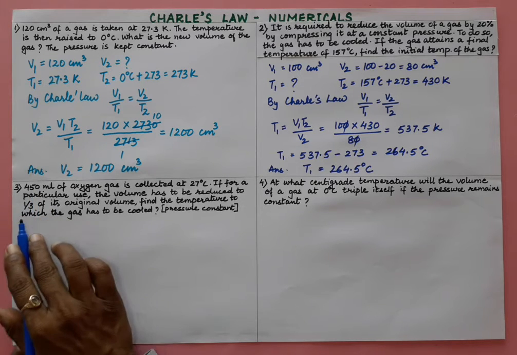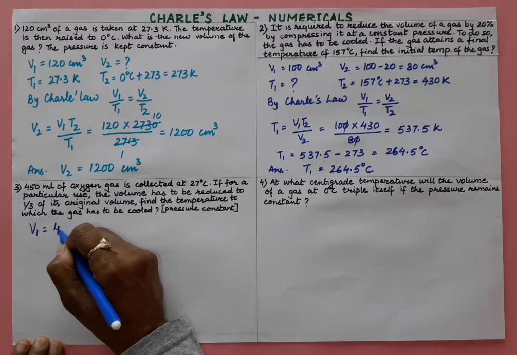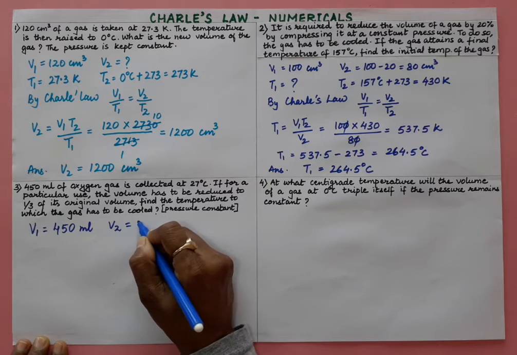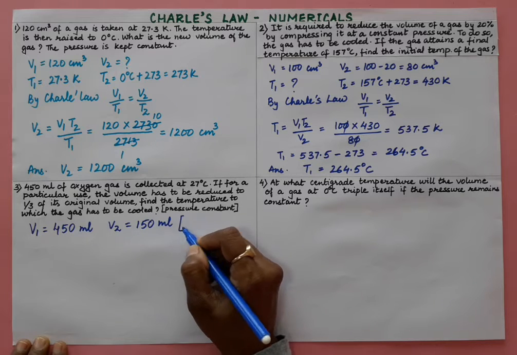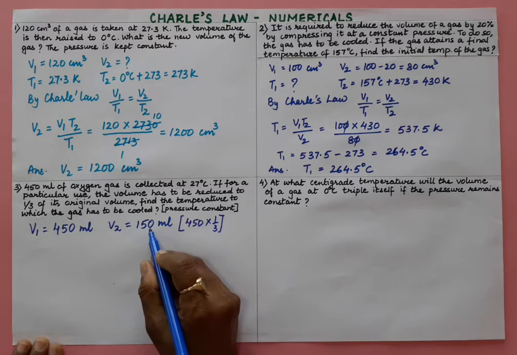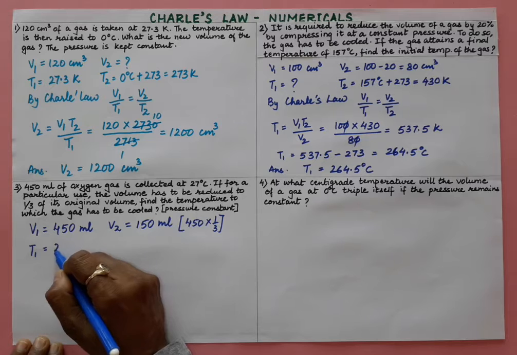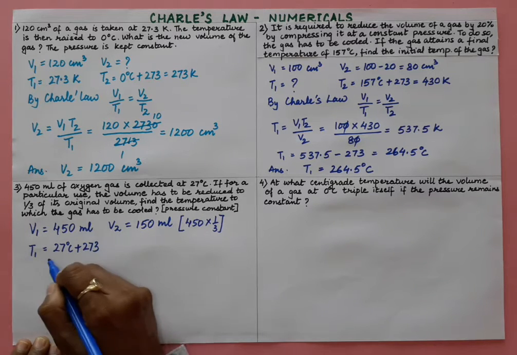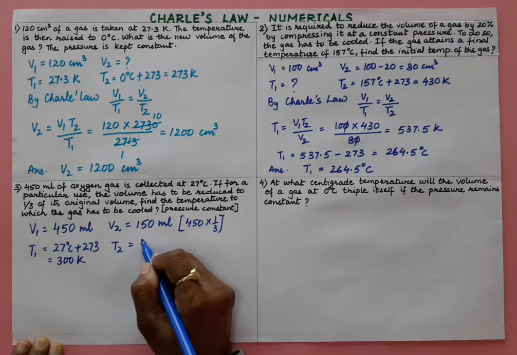Let us take V1 as 450 ml, and V2 is 1/3 of that. 450 into 1 by 3 gives 150 ml. T1 is 27 degrees Celsius; convert it into Kelvin, add 273, and you get 300 Kelvin. T2 you have to calculate.